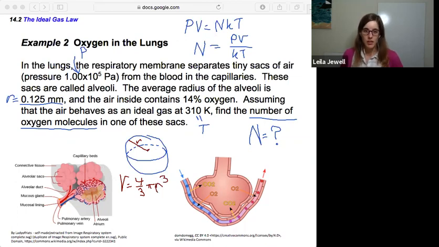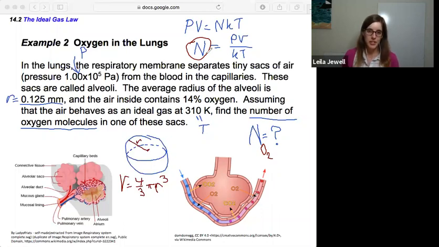All right. So with those pieces, that will then allow us to solve for N. But we do have to be careful here because we don't want to find just any N, but we want to find the number of oxygen molecules, the number specifically of oxygen. And the air inside is not pure oxygen. It's only 14% oxygen.